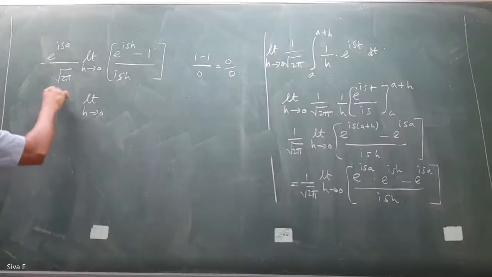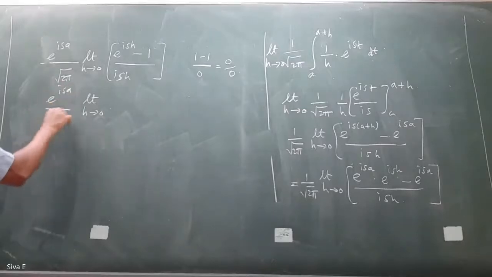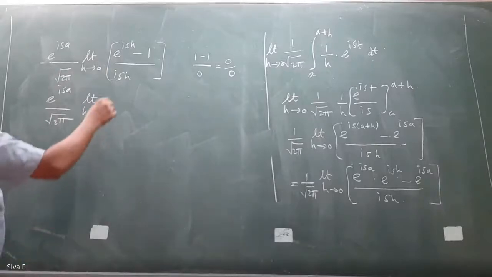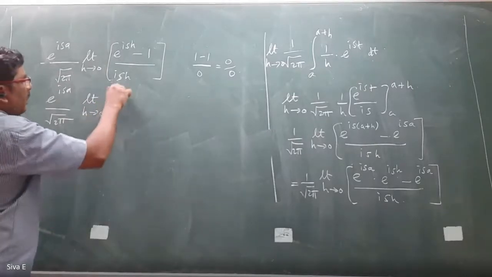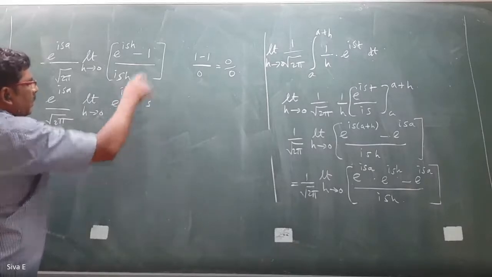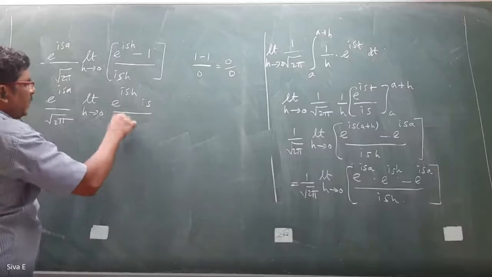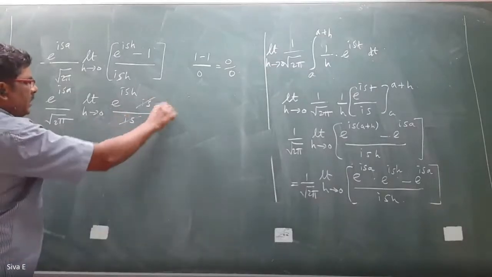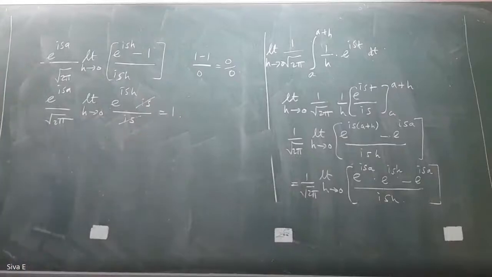E power isa by root 2 pi. So differentiate this: e power ish minus 1 gives is e power ish, the is cancels, and at h equals 0 that value is 1.